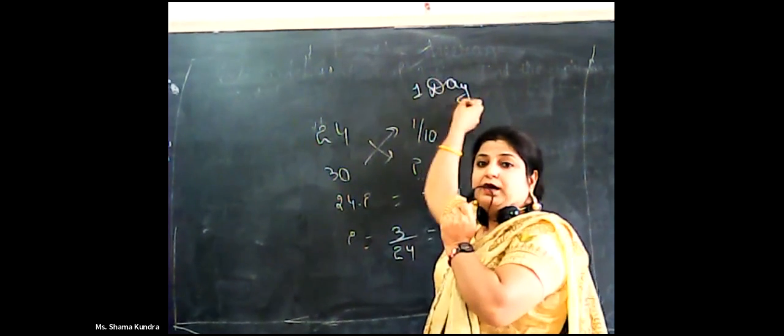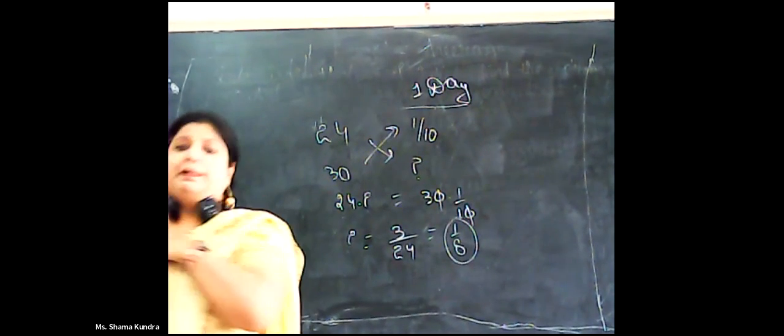Remember, you have to write here one day work always. 30 men in one day will complete 1 by 8 amount of work. If 1 by 8 amount of work is done in one day, then total work is done in 8 days. How 8 days? Simply invert 1 by 8.